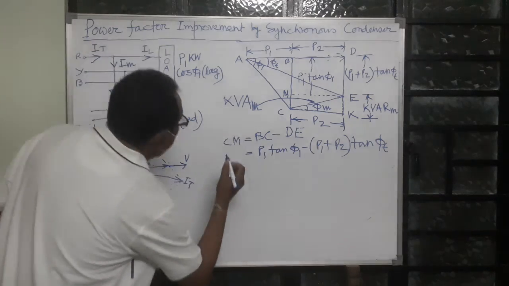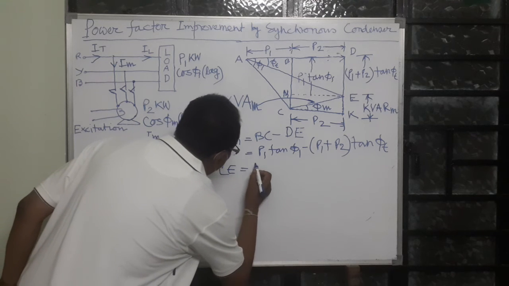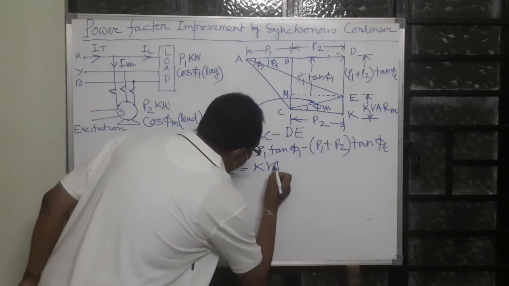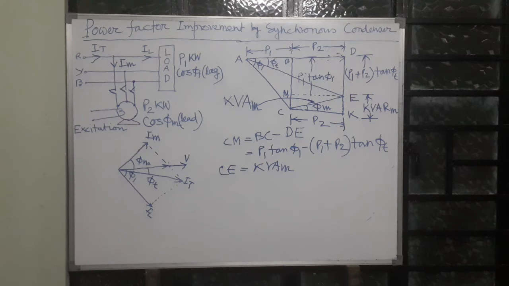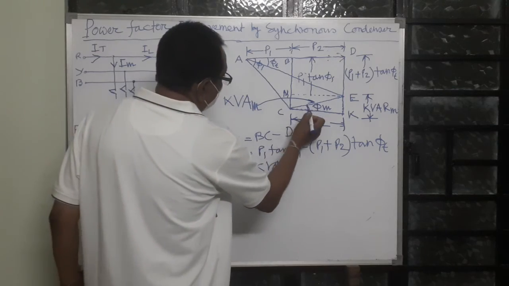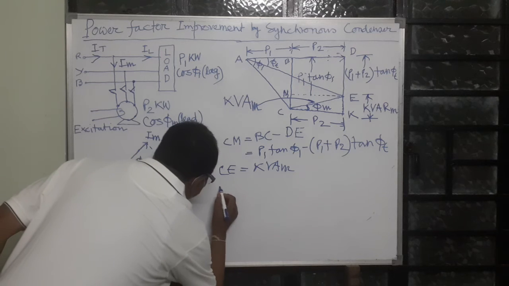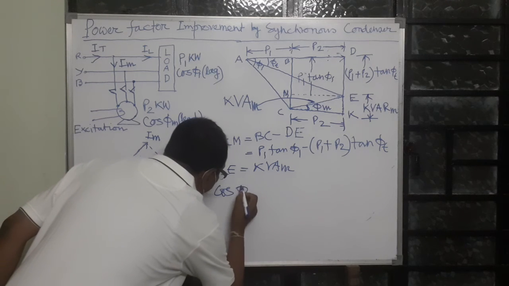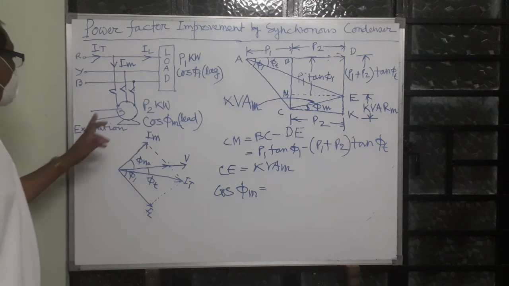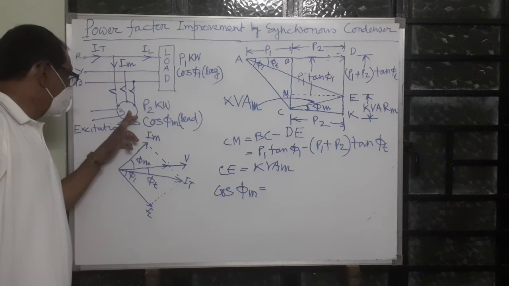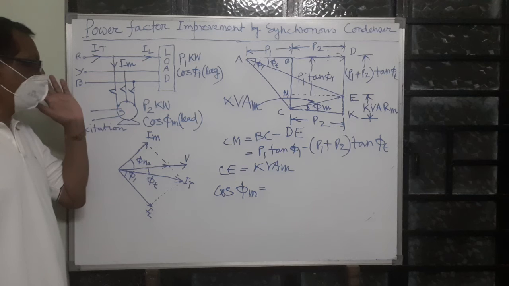So CE is equal to kVAm, the kVA rating of the synchronous machine, and for this angle we can apply cos phi m. Cos phi m means the leading power factor at which this synchronous machine operates.